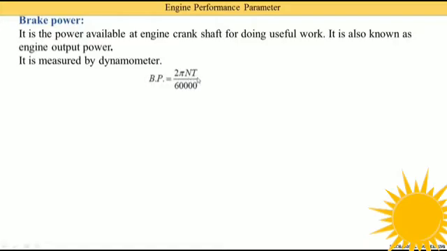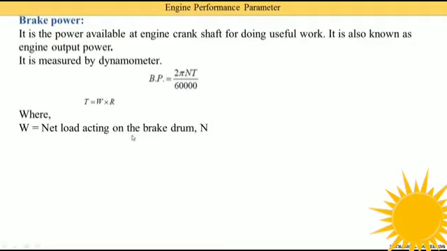It is measured by a dynamometer, and brake power is equal to 2 pi N T divided by 60,000, where T, torque, is equal to W into R. You have to write down these points.